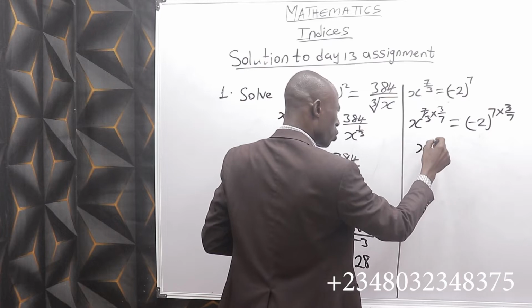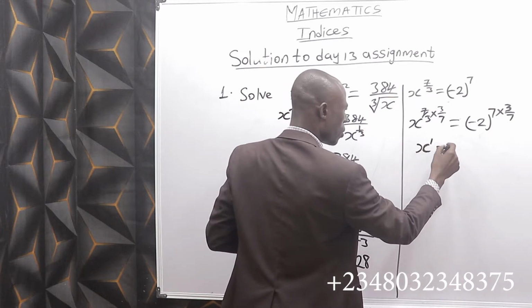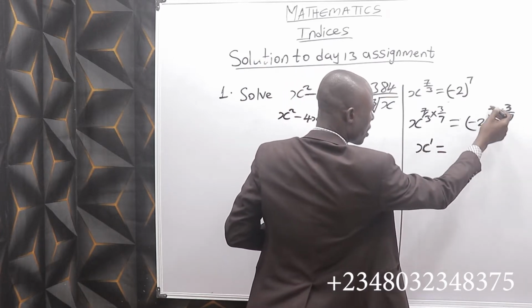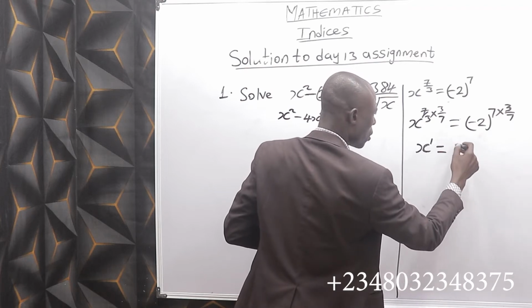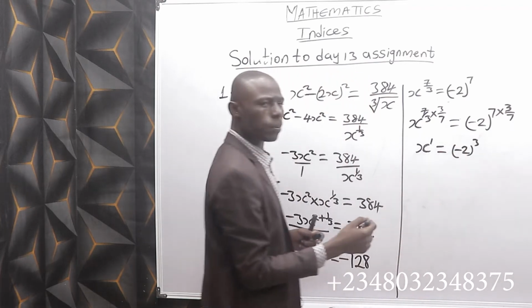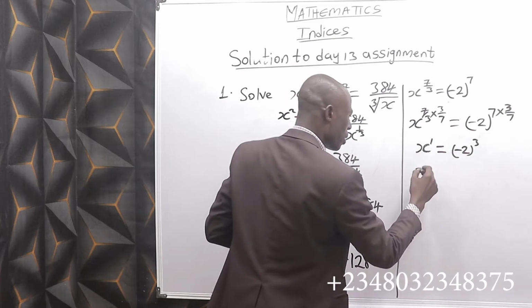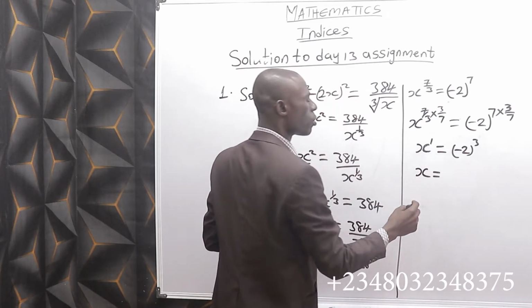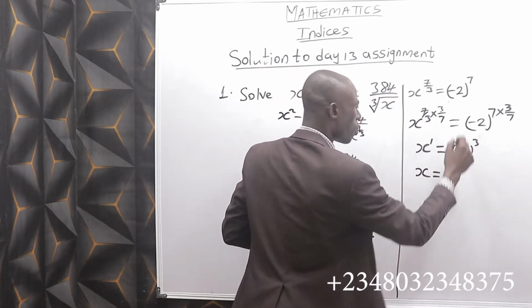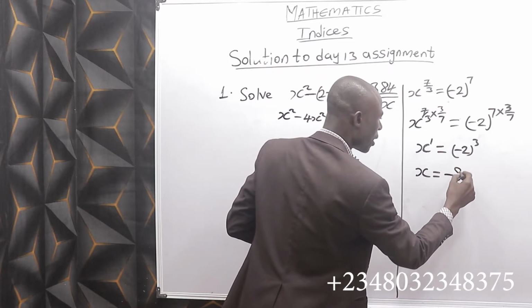We have x raised to power 1, which is equal to minus 2 raised to power 3. x raised to power 1 is x, which is equal to negative 2 raised to power 3, which gives negative 8.